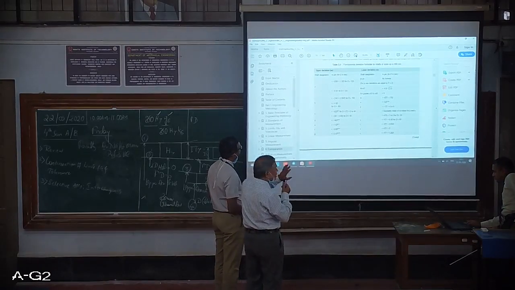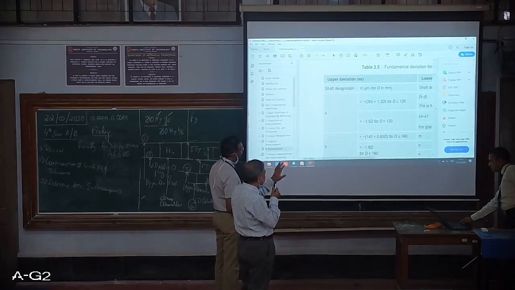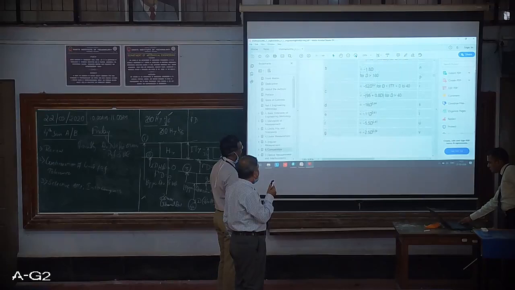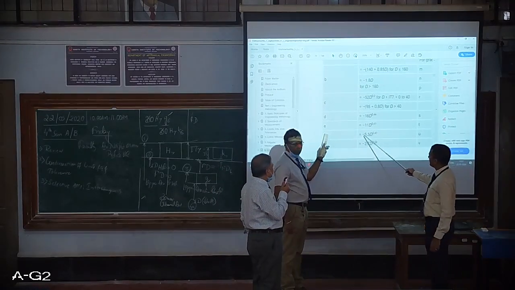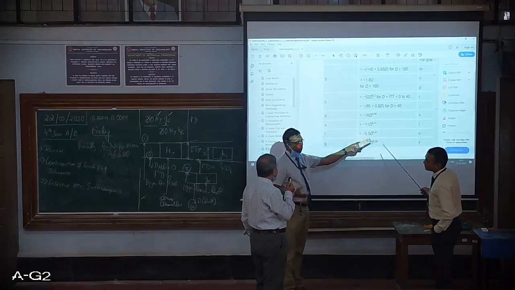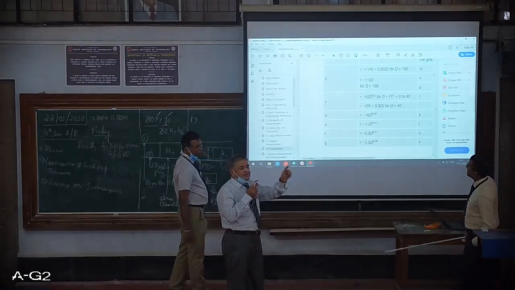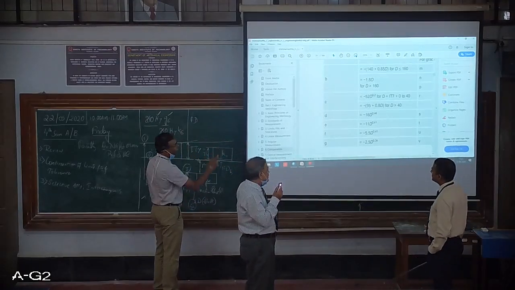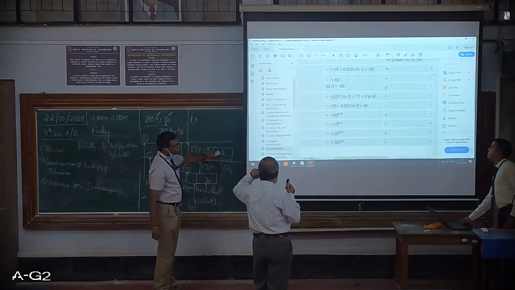So you need not remember the formula; you have to refer to the data, or the data may be given in your numerical. The answer is the same, but only on the positive side. So this is how the fundamental deviation is found.